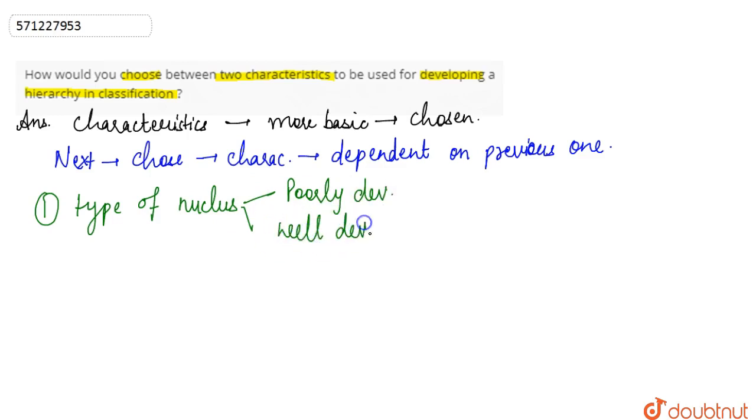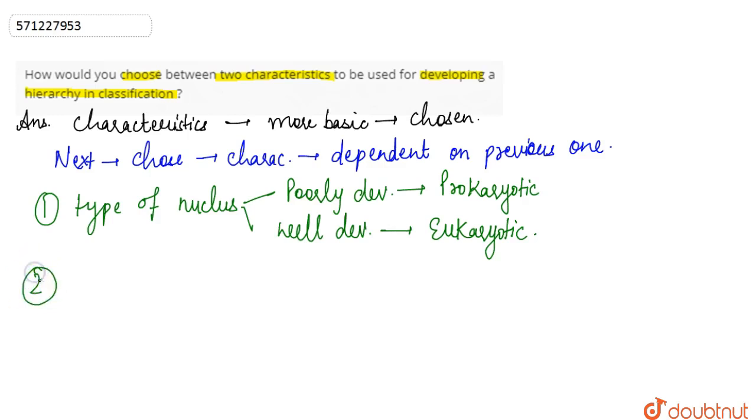If it is poorly developed, then the cell will be a prokaryotic cell. And if the nucleus is well developed, then it will be a eukaryotic cell. So the first characteristic we'll choose is to define whether the organism is prokaryotic or eukaryotic.